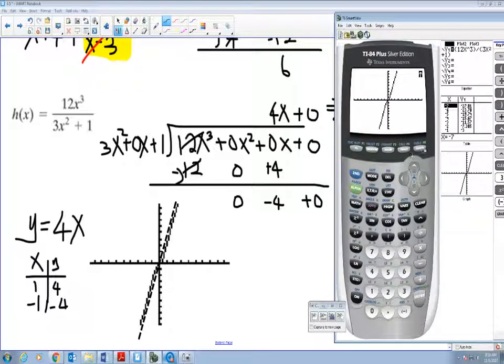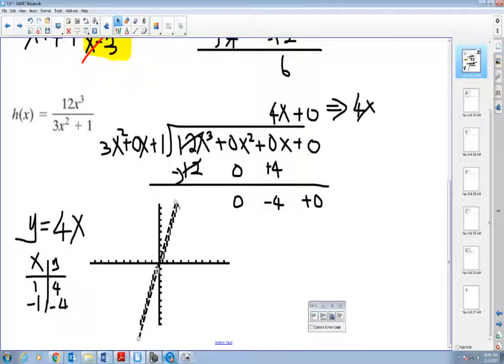So if I go to my table, go to 1 and negative 1, for the actual function it's negative 3 and 3, but for this line, it's actually 4 and negative 4. So I need to graph it out a little bit. My line is a little bit crooked.